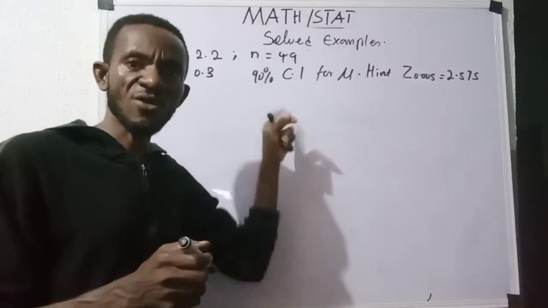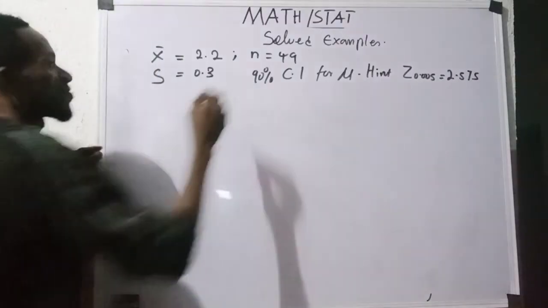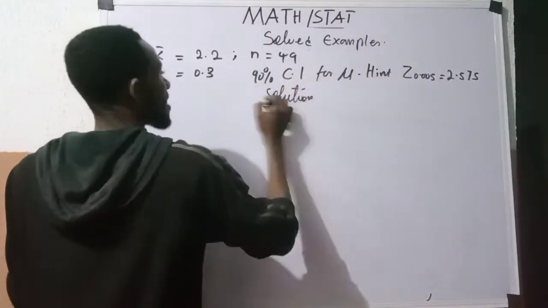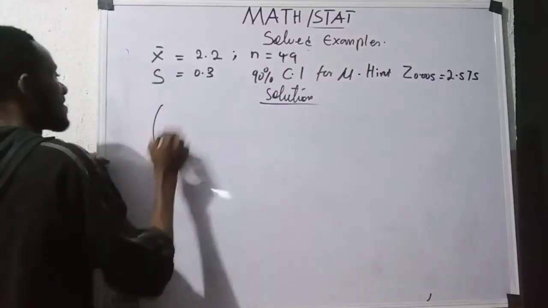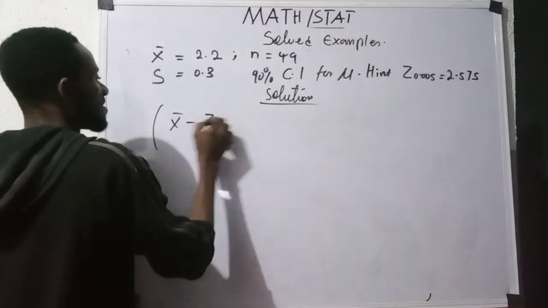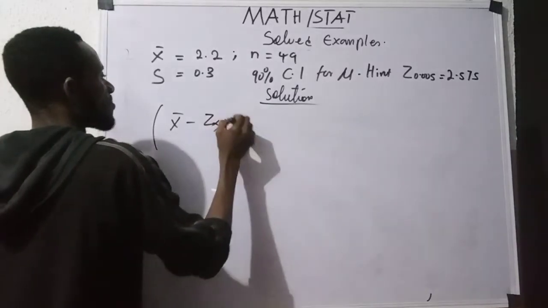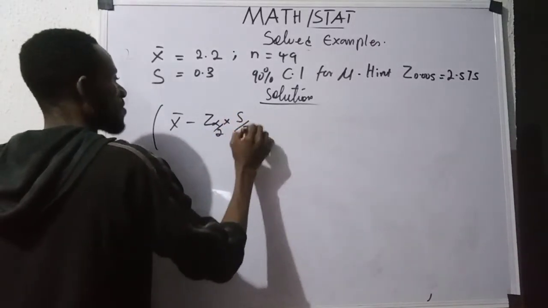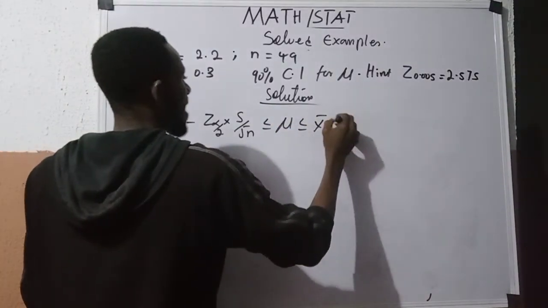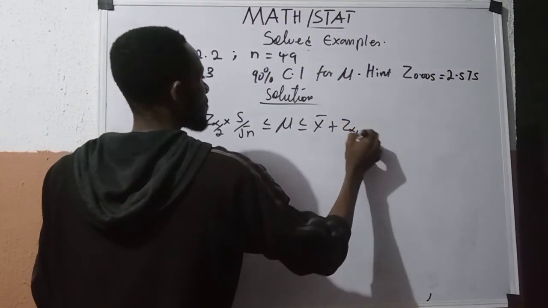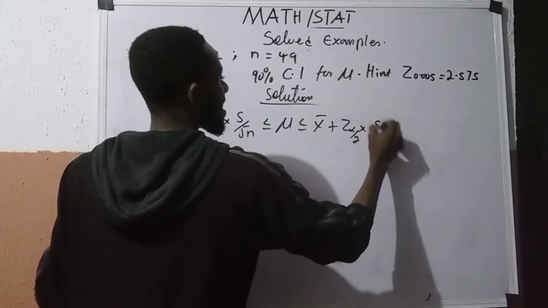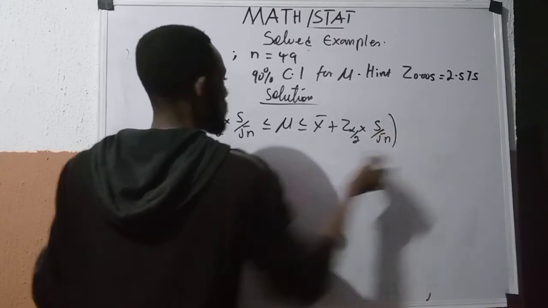And of course, under this condition, I have my solution. We have x bar minus z of alpha over 2 multiplied by s all over root n, less than or equal to mu, less than or equal to x bar plus z of alpha over 2 multiplied by s all over square root of n, close it.